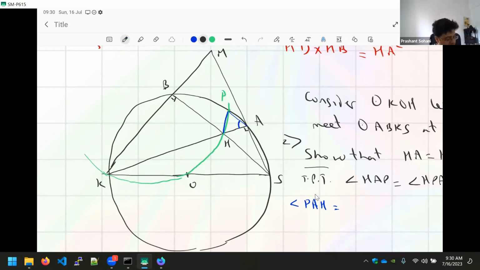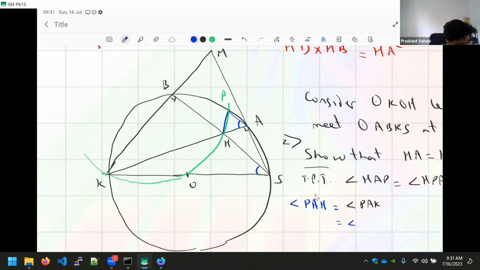But so for example, let us start with angle PAH. So angle PAH is equal to clearly angle PAK, correct? And so PAK, whenever you have an angle in the circle like this, we can always relate it to any other angle inscribed in the same arc. So therefore, that will also be equal to angle P. Oh, no, not this angle.